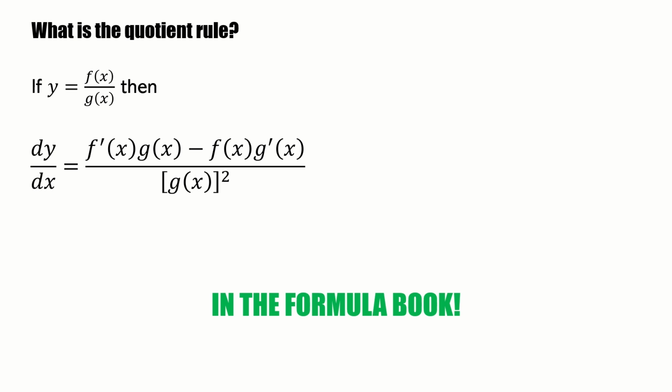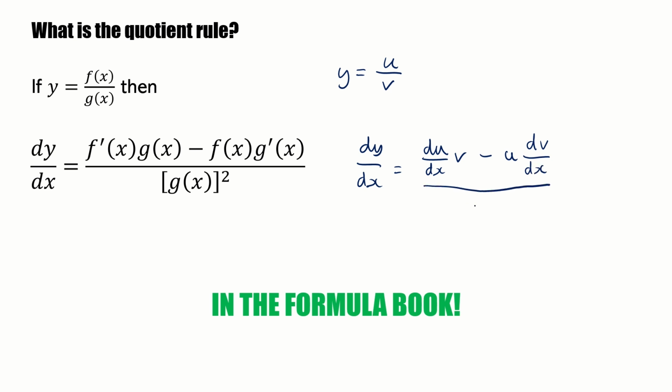You do have to read more carefully, but some people do prefer to view the quotient rule in terms of u's and v's, and if you were to do that, this is what the formula would look like. However, ultimately, to a certain extent, you need to get used to viewing it in function notation format, just because, as I said, that's the way it's written in the form booklet, and you don't really want to be remembering this off by heart, because that's wasted effort if it's given to you elsewhere.